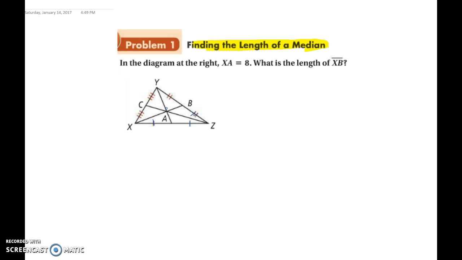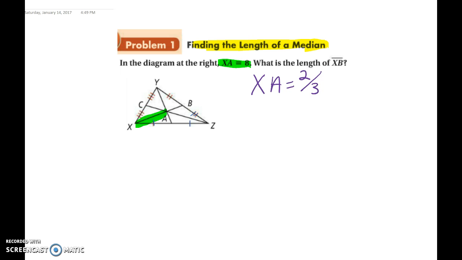It tells us that XA is equal to 8. XA is the segment that goes from our vertex to our centroid, where all 3 of our medians intersect. Based on the formula, XA from our vertex to the centroid is equal to 2/3 of our entire segment.